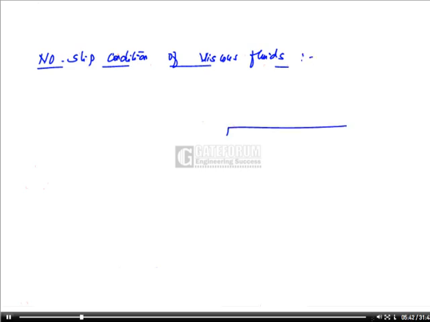No slip condition of viscous fluids. This concept is very important while dealing with the drag force exerted by a flowing fluid over a stationary solid surface. Suppose that a stationary plate is there. A fluid is moving with certain velocity v infinity.